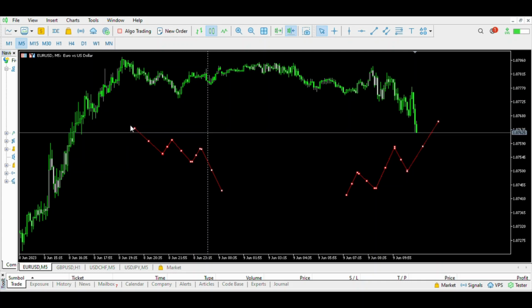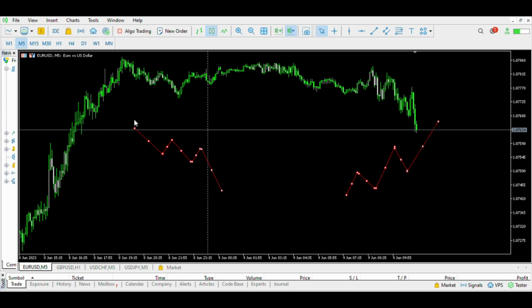So we have a downtrend here. We have a high here and we have a low. Then we have a lower high here. It pulls up and it stops there. It does not get above this last high, so it's a lower high, and then it pushes down again and gets underneath this last low, so this becomes a lower low.